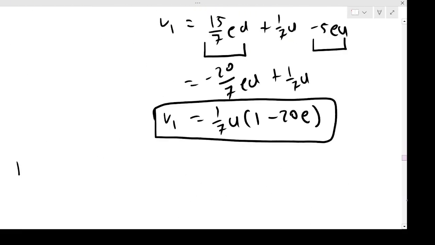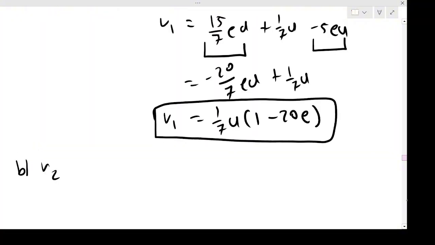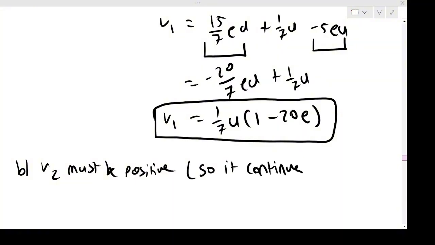Hopefully happy with that. So what we need to consider is that V2 must be positive, so it continues moving forward. Oh no, sorry, V1, it's V1, not V2.